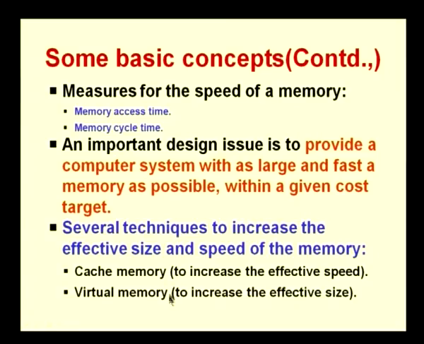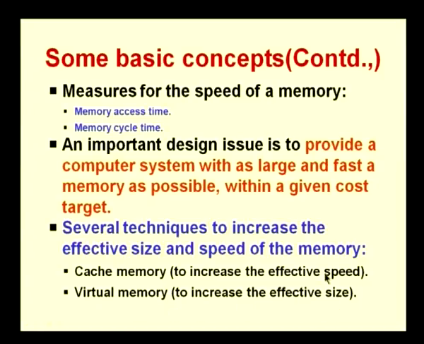Some of these terms we will look at later, but just to mark these terms in your memory: there are several techniques that we use to increase the effective size and the speed of the memory. One is called cache memory, which you must have heard of. This is used to increase the effective speed of the memory. Similarly, we use another concept called virtual memory, which is to increase the effective size of the memory that you have.